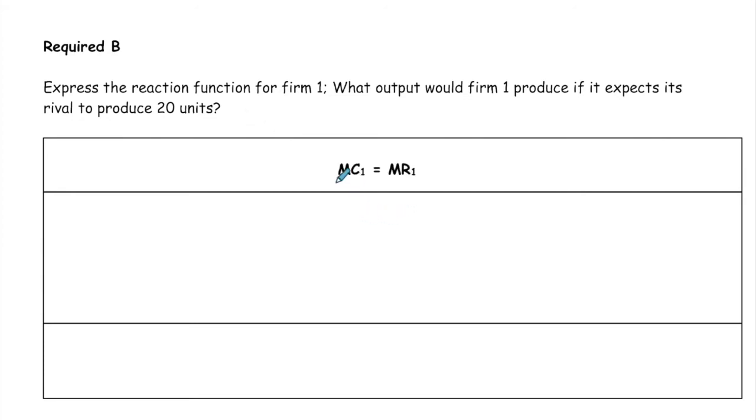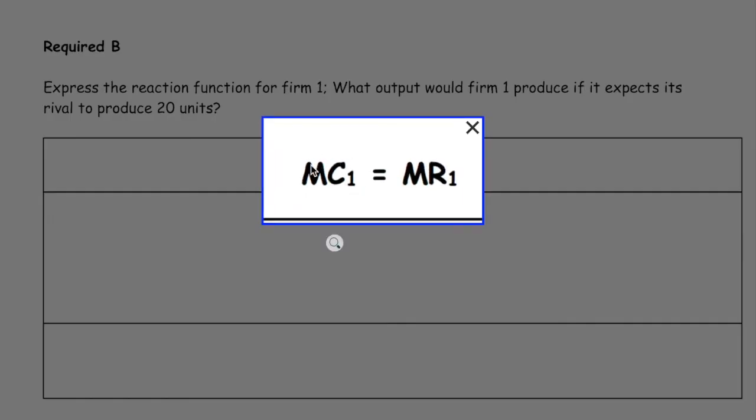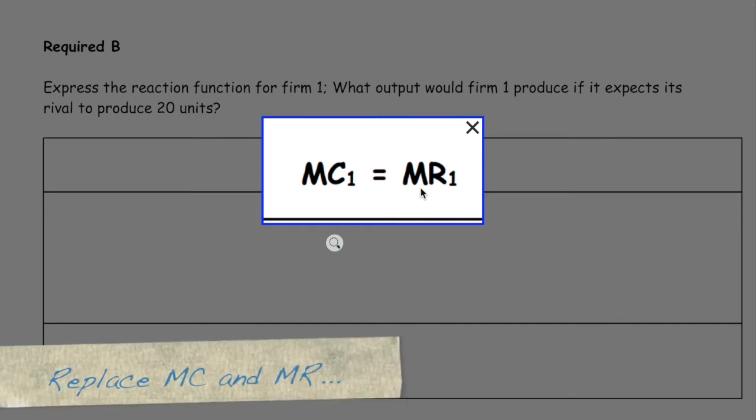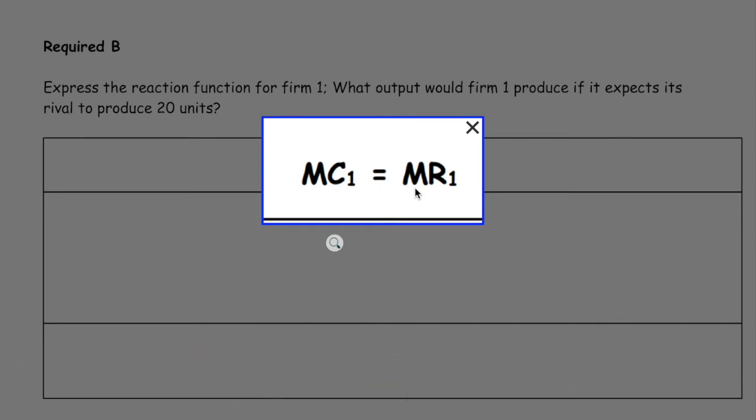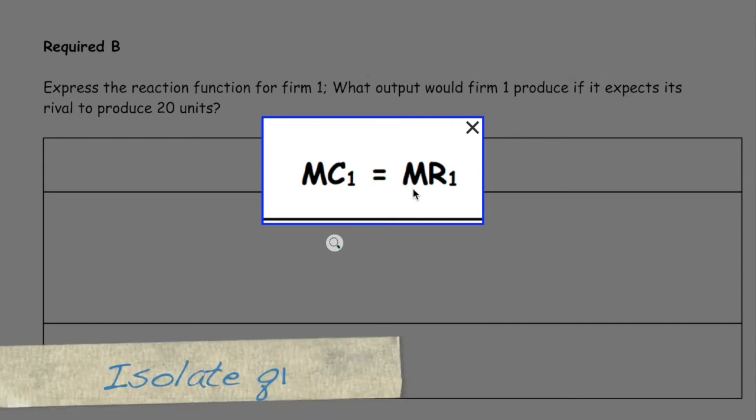And so I remind you that the way that firm 1 is going to maximize their profits is simply by equating their marginal cost of producing output to their marginal revenue.